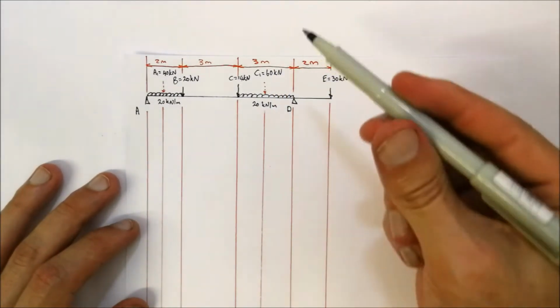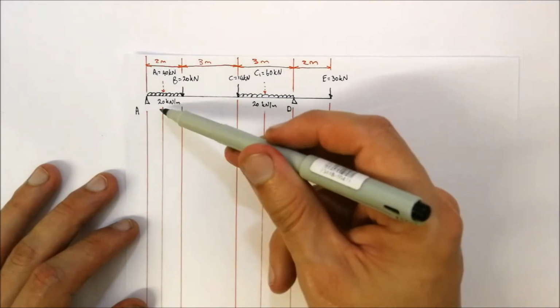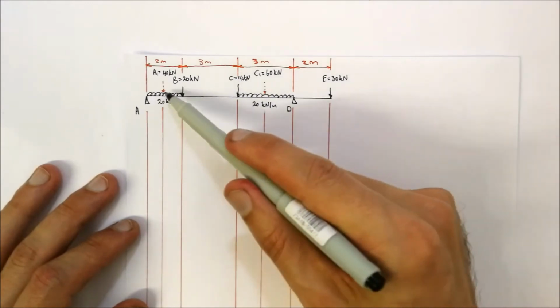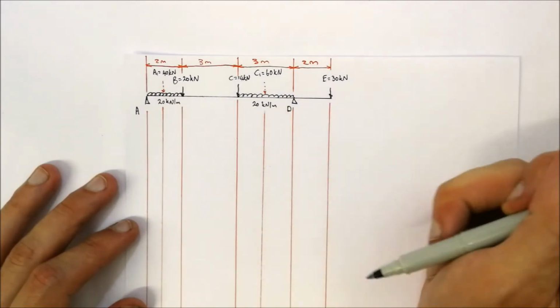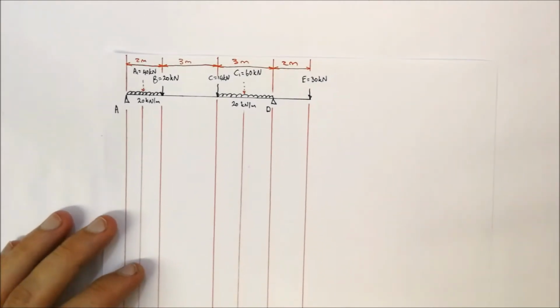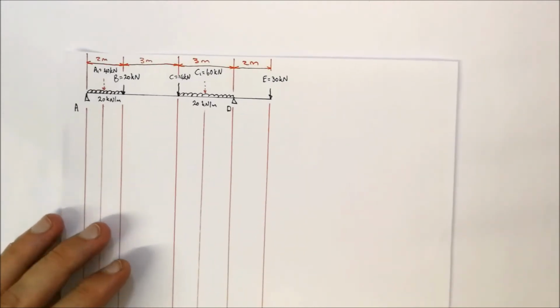Now you can sort of see the reason I've plotted these lines down over here, to take into account where these forces are that are in the center of these distributed loads. So now that we've got the problem expanded, with all our values put in, the first thing we're going to probably have to find is what A and D are.